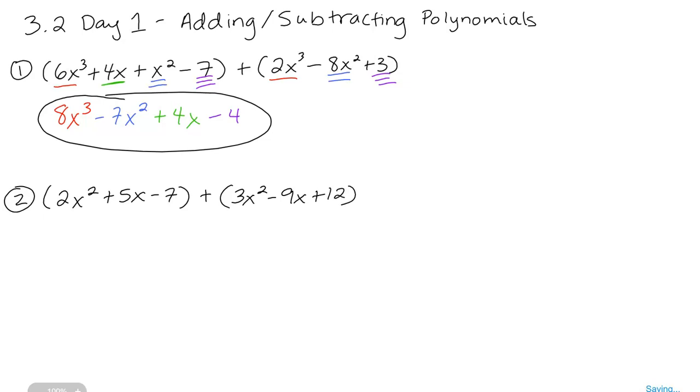Here is where you should try this on your own. And then when you're done, you should get 5x squared minus 4x plus 5 as your answer.